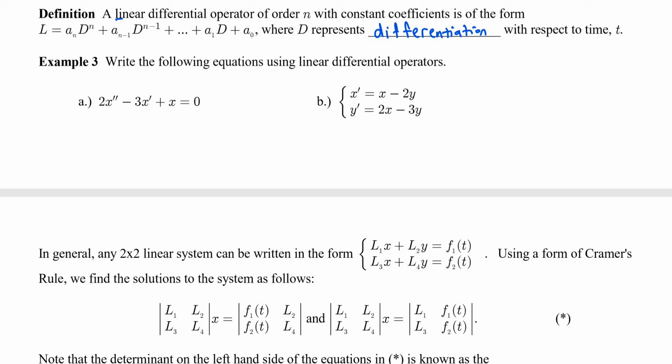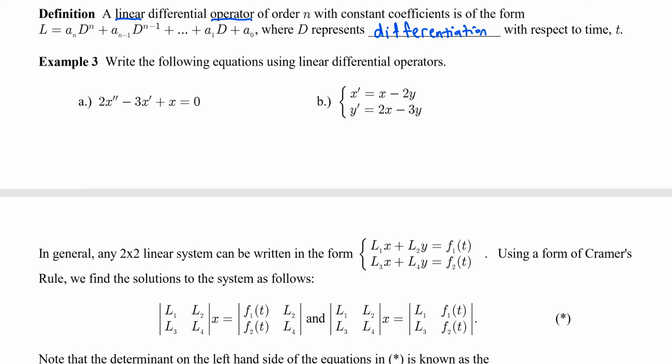So we're dealing with a linear operator. If you'll remember, both differentiation and integration are examples of linear operators, as well as the Laplace transform. This in particular is our linear differential operator.